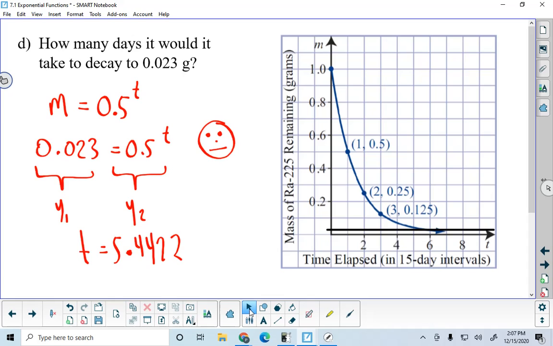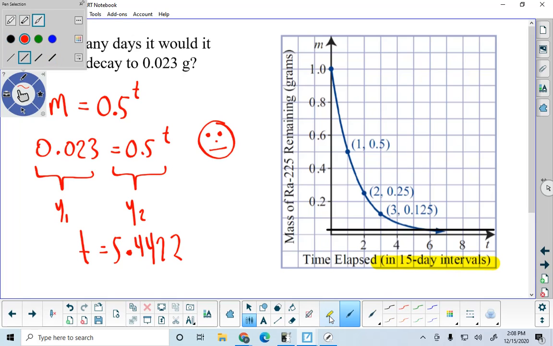And T is not days. T is 15-day intervals, which means we're going to have to multiply that by 15 to get the true number of days. And starting probably tomorrow, we won't have to do that because we will be a little more sophisticated in our equation.